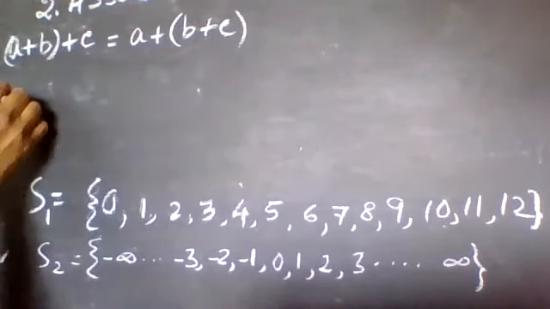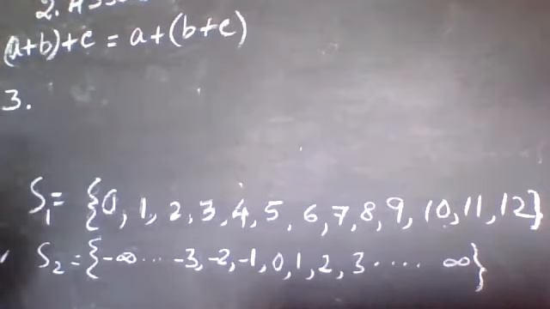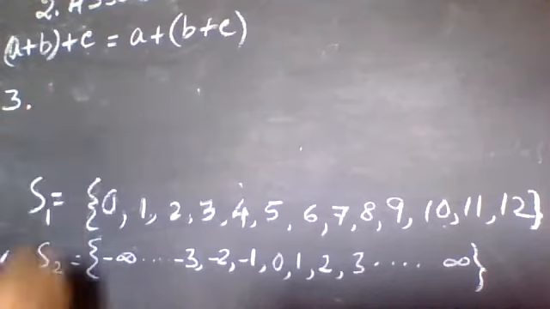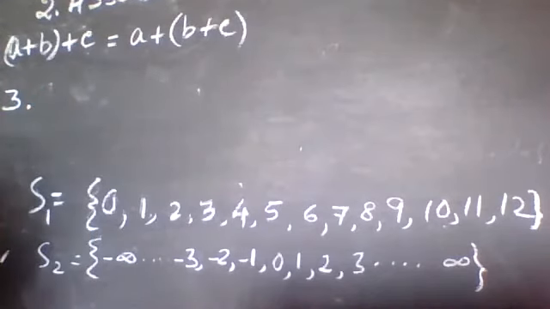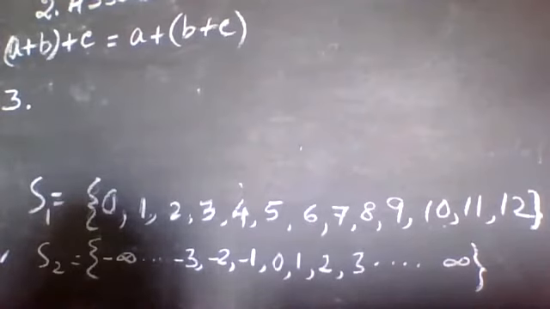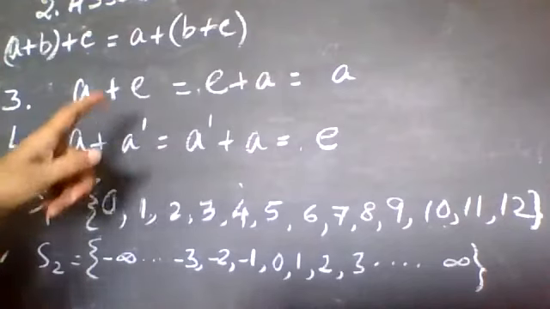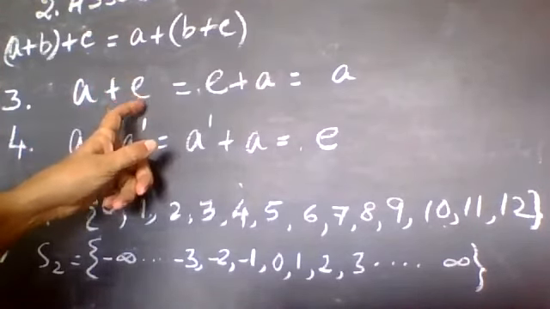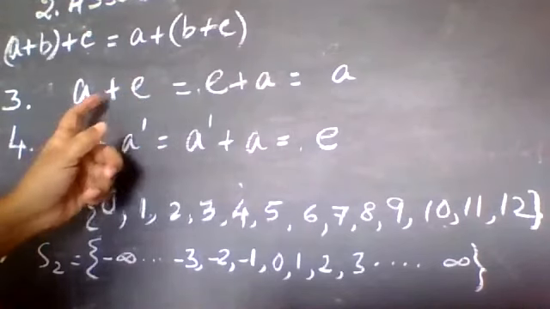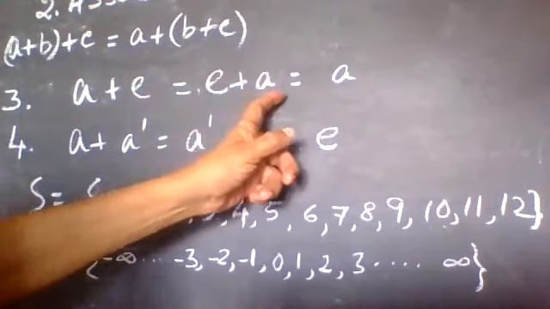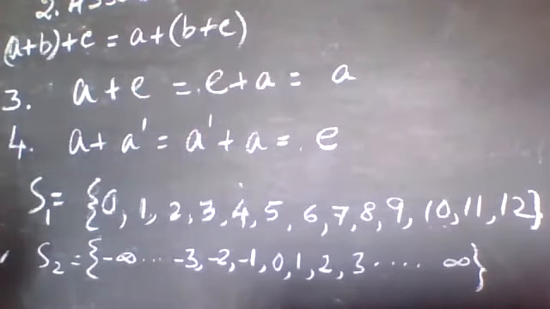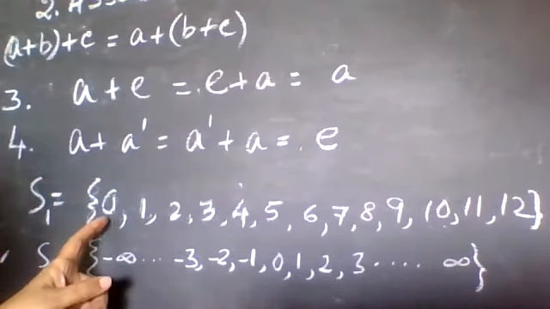Now our third rule. There exists a number E called the neutral number such that A plus E equals E plus A equals A. It is needless to say that the choice of the number is 0.